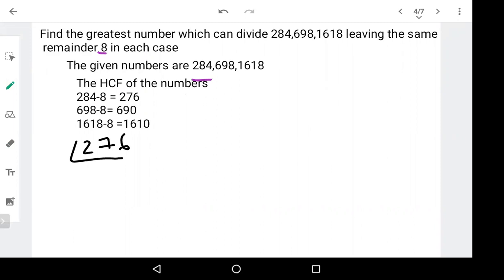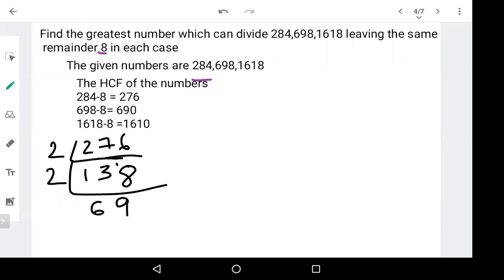From which table? 2. 2 ones are 2, 2 threes are 6, 2 eights are 16, then 2 sixes are 12, 1 remainder, 2 nines are 18.